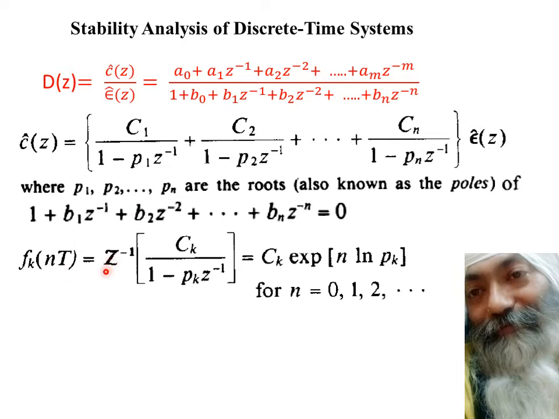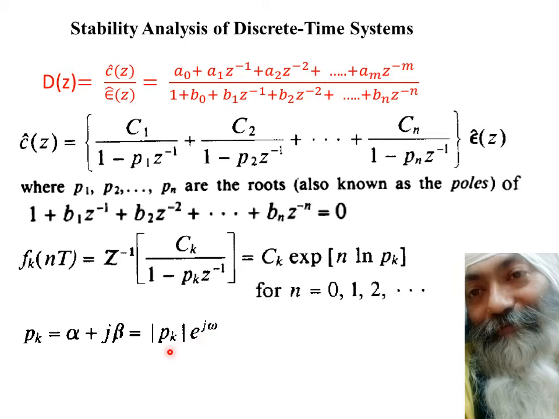As we have seen here, we will be analyzing this pole pk, which we have taken as a complex number alpha plus j beta. The magnitude of this is given by the modulus of pk, and it has some angle associated with it, given by e to the power j omega.